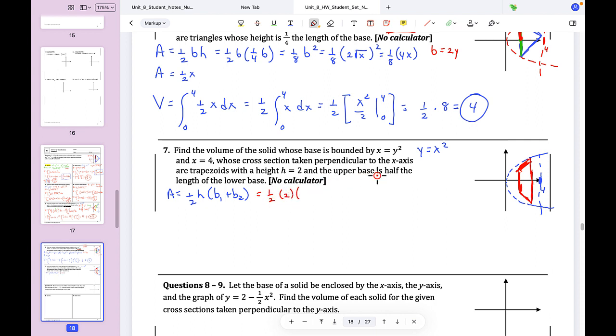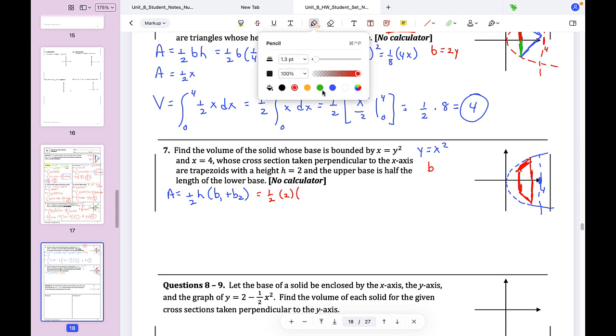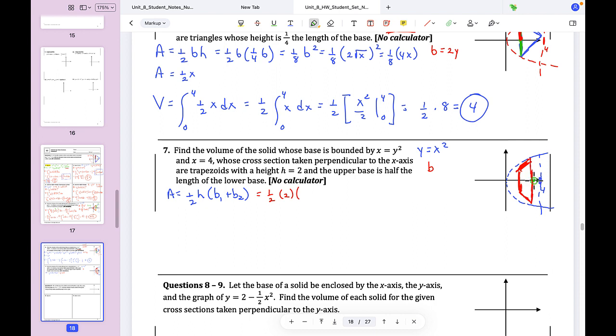And the upper base is half the length of the lower base, okay? All right, so first let's figure out the lower base. Okay. So this is the lower base. So there's y, right? So I need 2y, right? So the base is 2y.